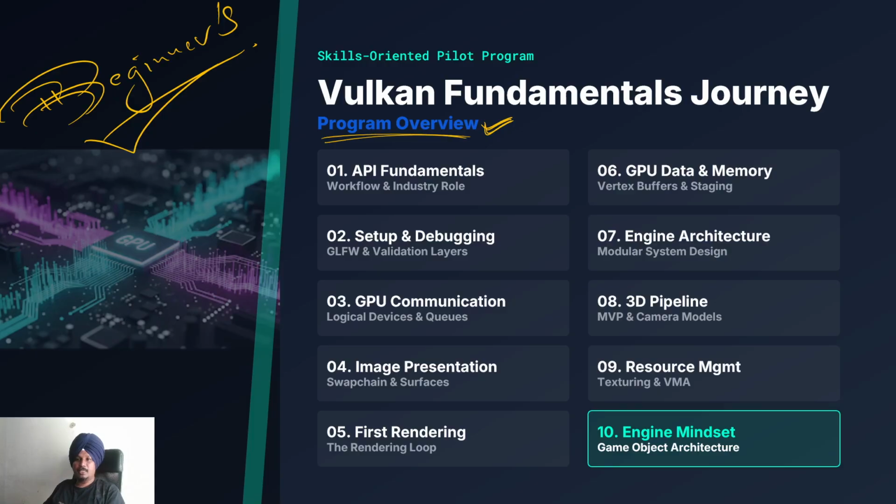But the idea is to understand this entire big journey in 15 to 20 minutes, or maybe 30 minutes, so that it gives you a roadmap starting from zero to building a real-time engine system in Vulkan.